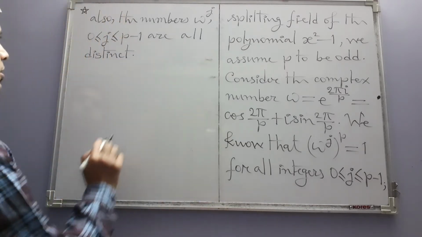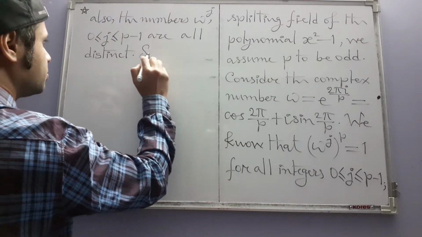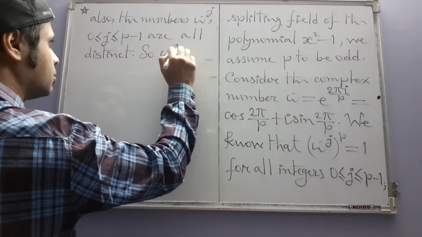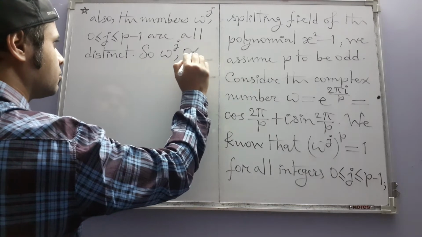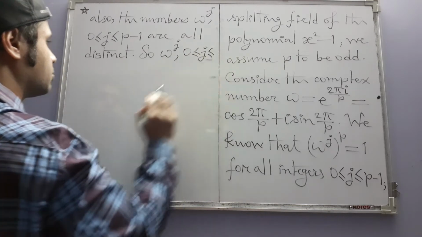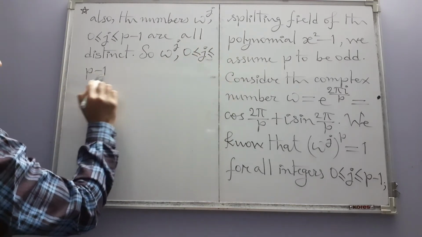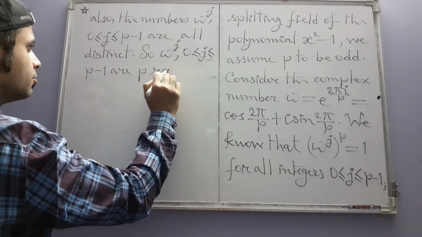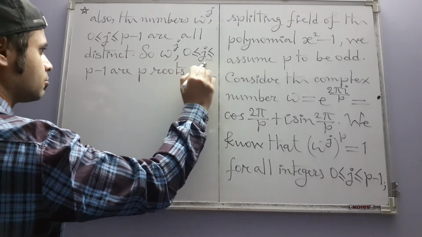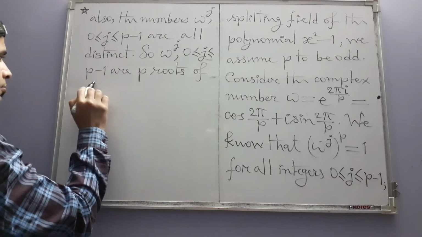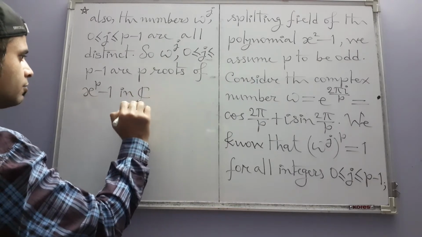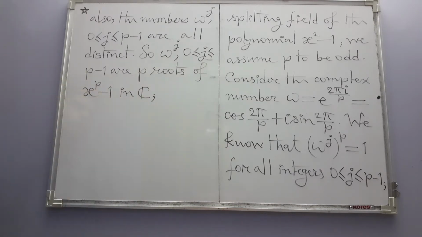So these are p roots of this in the field of complex numbers.